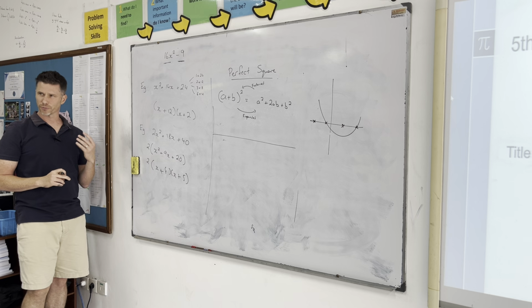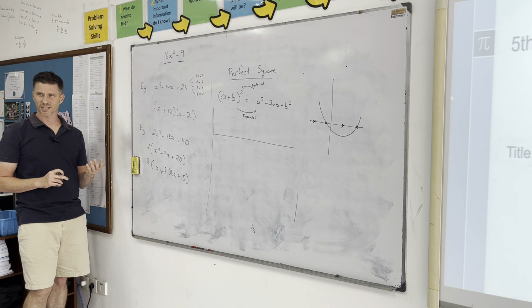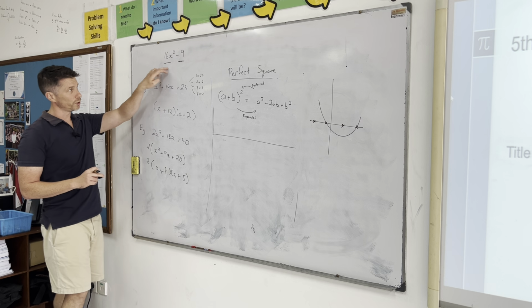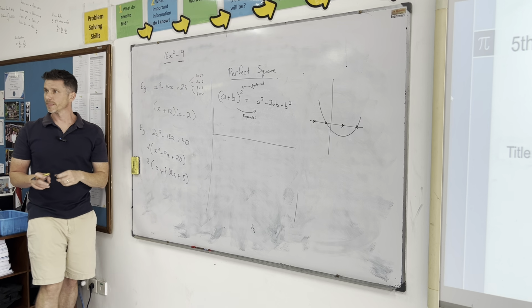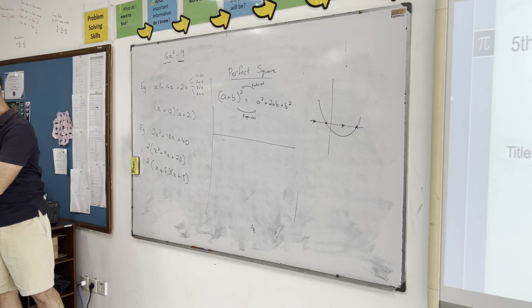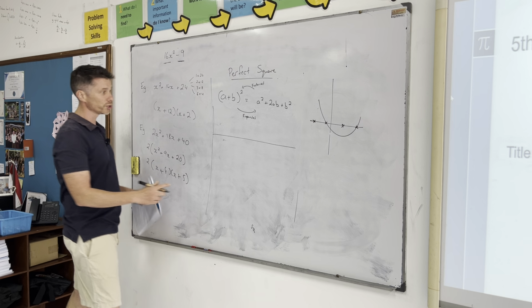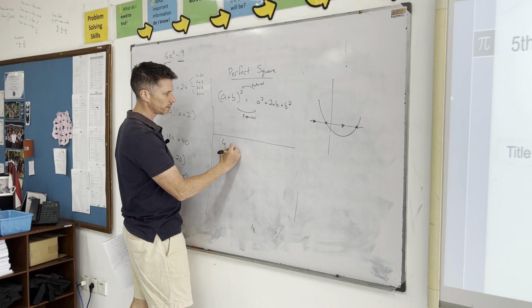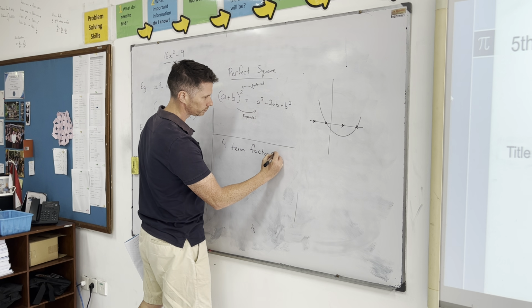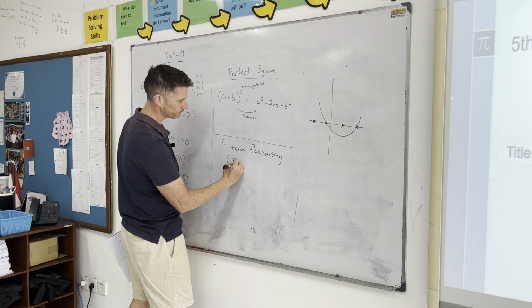What was the type that had 4 terms? It had a special name to factorizing when it had 4 terms. It's called factorizing by grouping. If there's 4 terms, it's called by grouping.